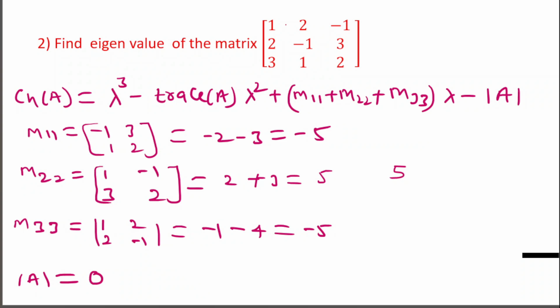Finally, the trace, the diagonal sum value and the determinant value should be put in the formula: lambda cube minus trace of A lambda square plus (M11 plus M22 plus M33) lambda minus determinant of A. This characteristic equation formula gives the eigenvalues.